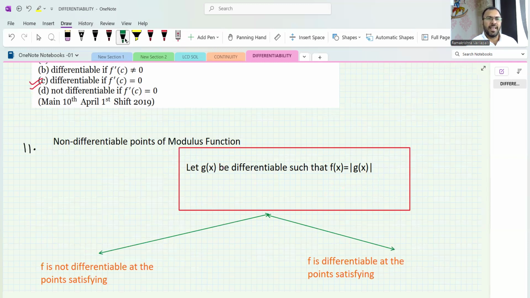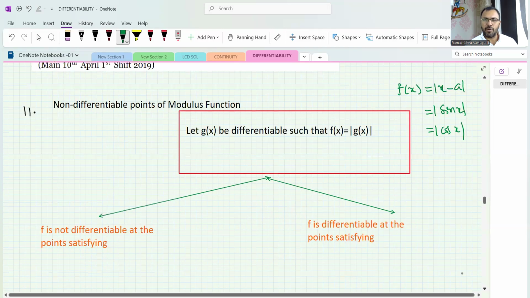For example, f of x equal to modulus of x minus a, or mod sin x, or mod cos x, etc. We want to discuss the differentiability of these kinds of functions.